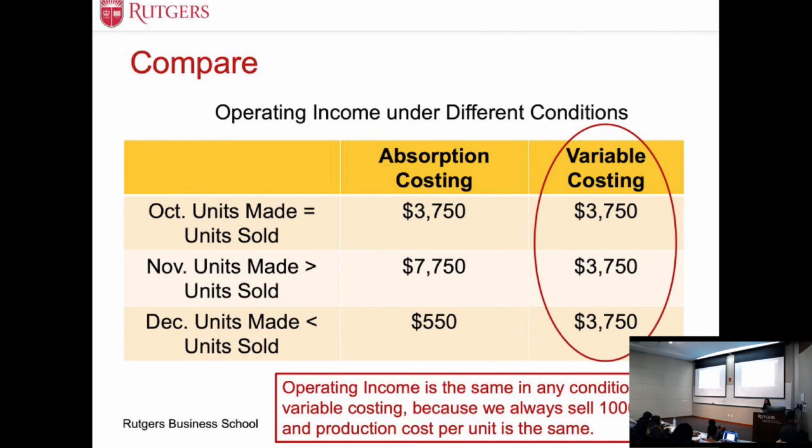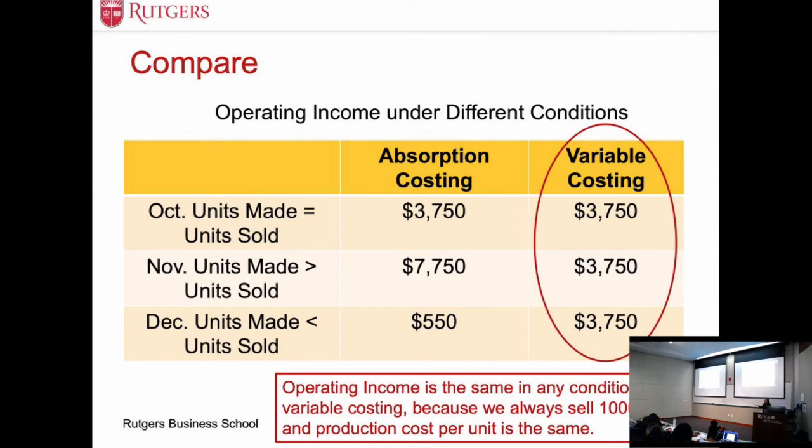First, the reason why the operating income under the variable costing in different situations are the same is because we always sell the same amount of units. And the unit production cost under the variable costing is always 23.